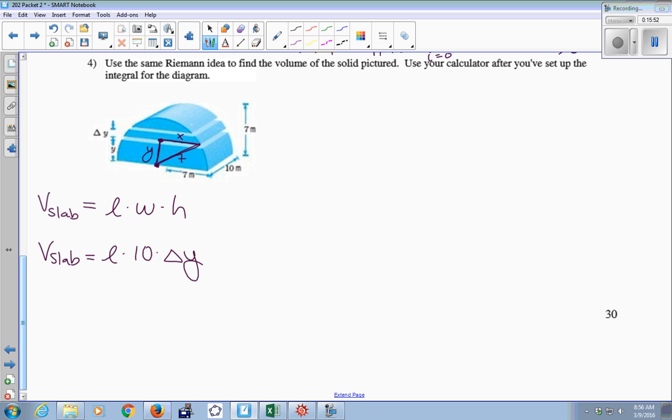I can use the Pythagorean theorem to get that last length. So I'll write that up here: x squared plus y squared is 49. So x is the square root of 49 minus y squared. But x is really only half the length of the slab, so I have to double it when I put it in my formula.